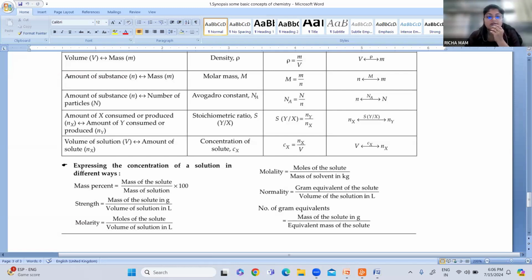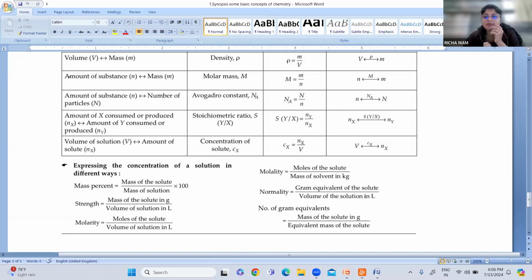This way we tell the concentration. So the concentration of the solution is expressed like this. So how are we going to determine the strength? Mass of the solute in grams divided by volume of the solution in liters.